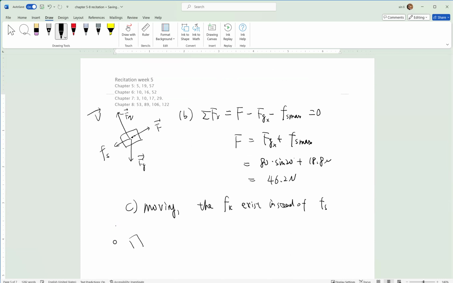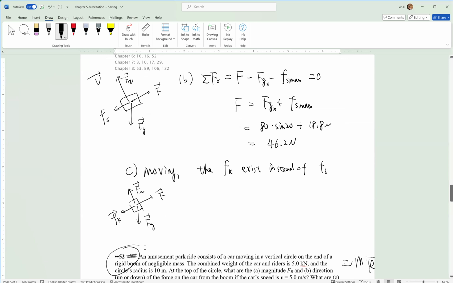So on the x direction, you are going to have your F. I'm going to do it again. This is Fk, and this is your Fg, and then this is your normal force. Okay. And then what we have is our net force along the x direction will be equal to F minus Fgx, and then minus Fk, okay, equals 0.